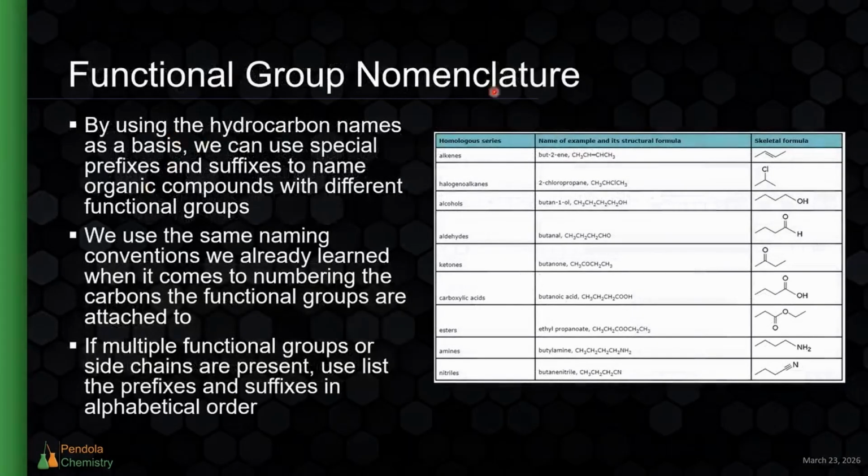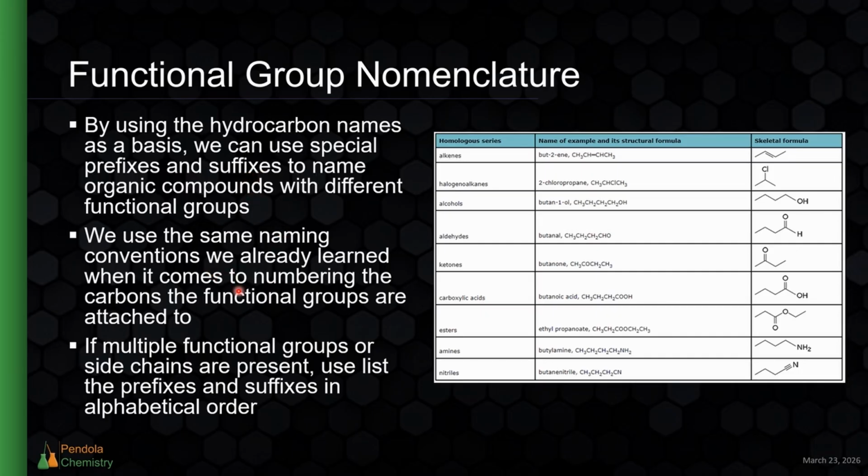So let's move on to functional group nomenclature. Whenever we have a functional group that is not carbon-based, so not the side chains that we've been looking at, not the alkenes or alkynes, we're going to use the same hydrocarbon bases that we've been talking about. So whether we have an alkane, an alkene, an alkyne, we're still going to name it just like we would any of those compounds, but with slight alterations.